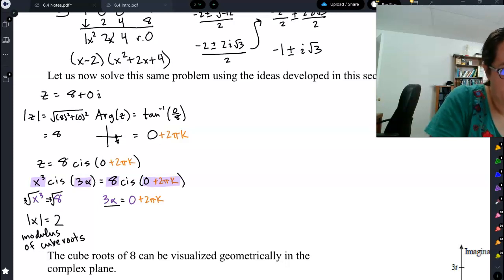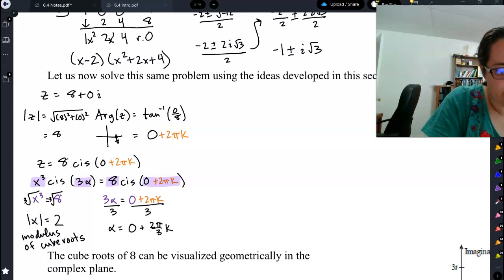Then for my theta, which in this case I called alpha, I get 0 divided by 3 is 0, plus 2 pi thirds k. This is the argument of my cube roots.